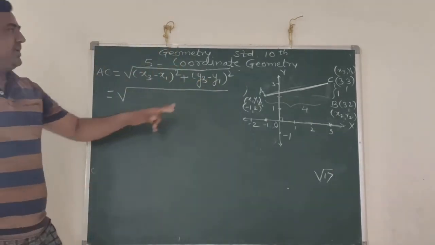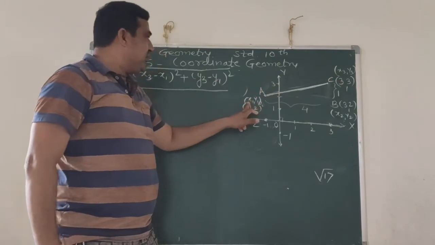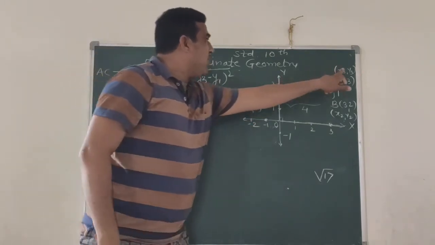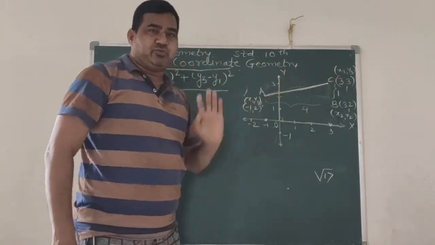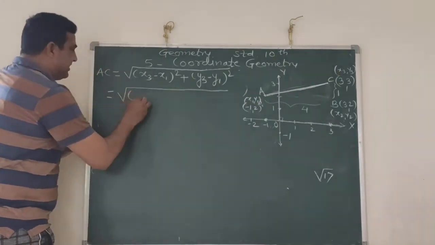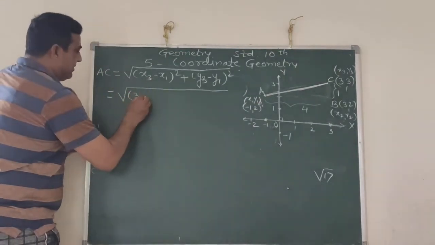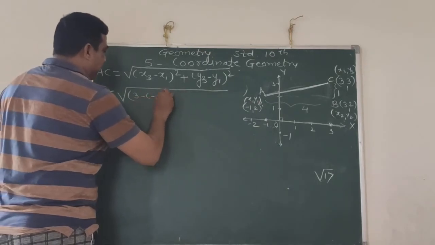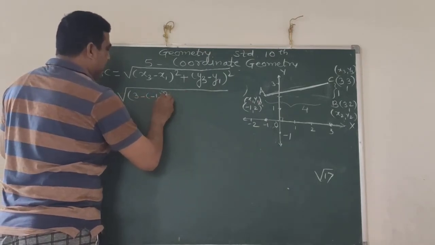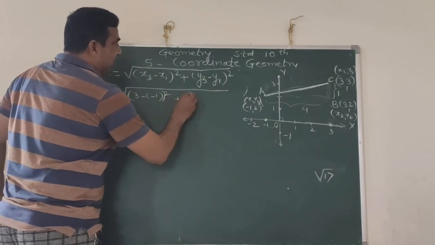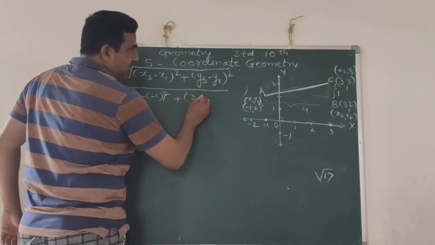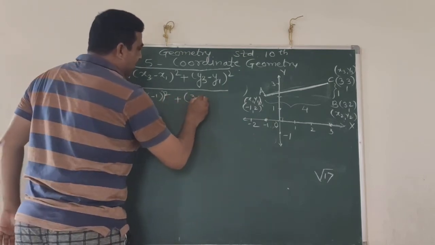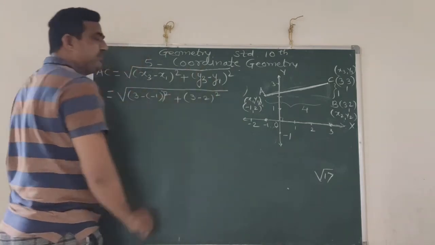So x3 minus x1 bracket square plus y3 minus y1 bracket square. Let's put down the values. x3 is 3 minus x1, which is -1, bracket square, plus y3, which is 3, minus y1, which is 2.